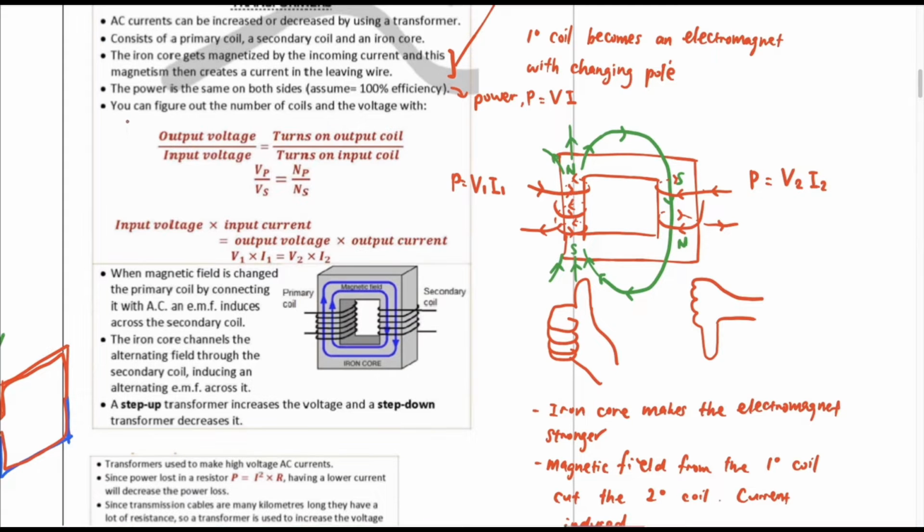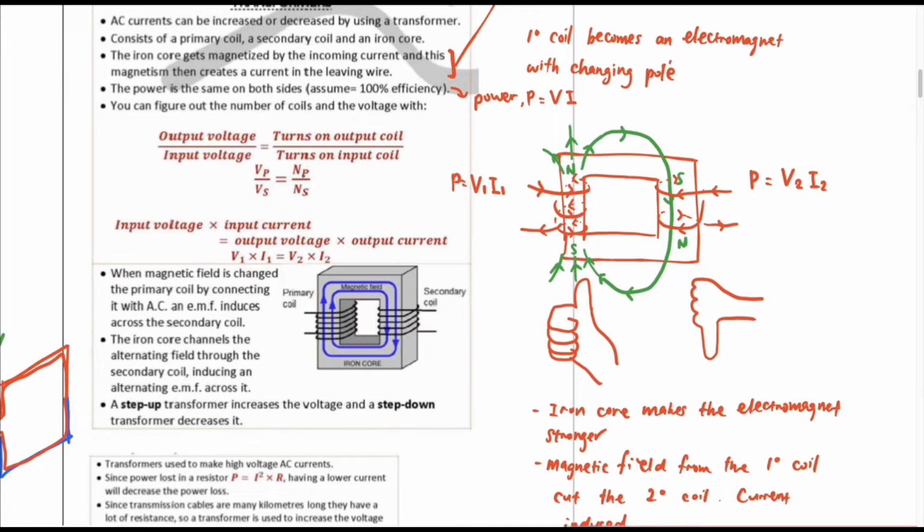Okay. Then after that, you can figure out the number of coils and the voltage with this formula. The transformer can increase the voltage or decrease the voltage. So it is based on the number of turns.